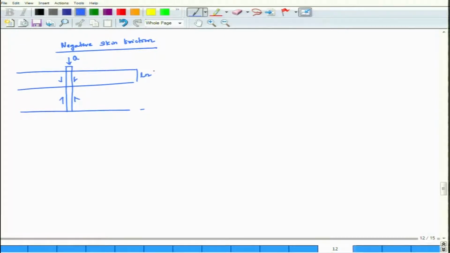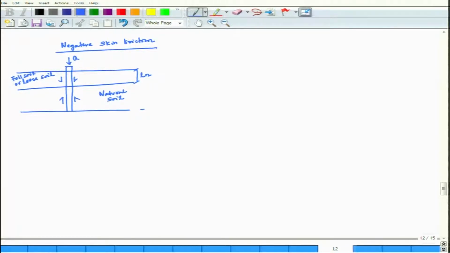There is a pile embedded in soil. There are two soils. One is your natural soil, and this is a fill soil or loose soil. So, this height has been marked as Ln.